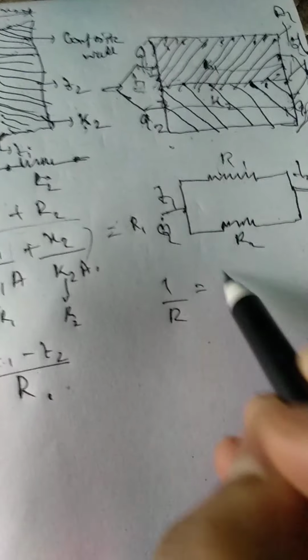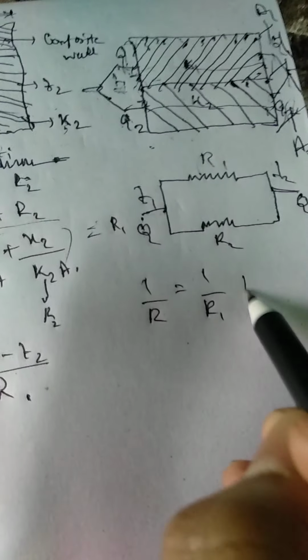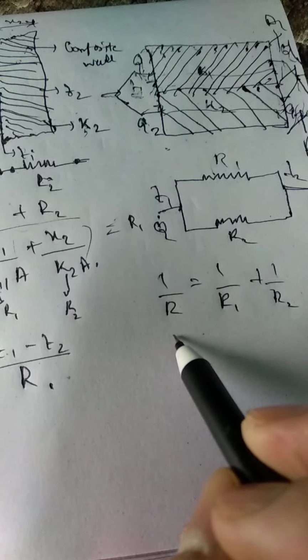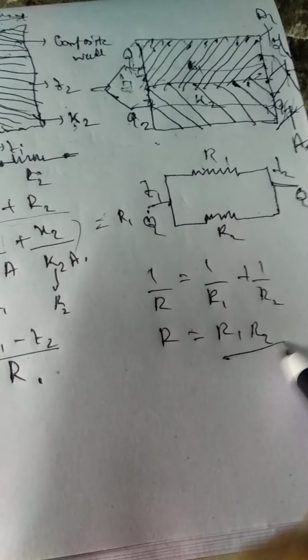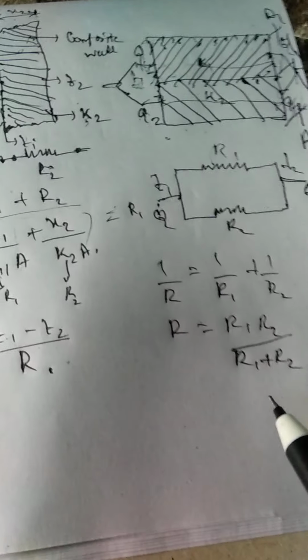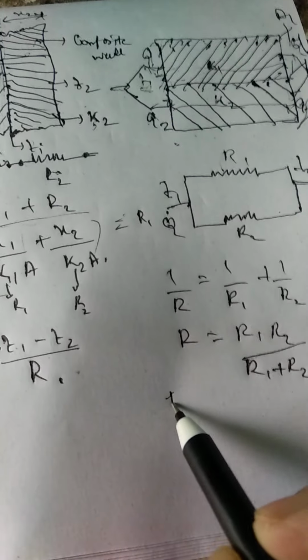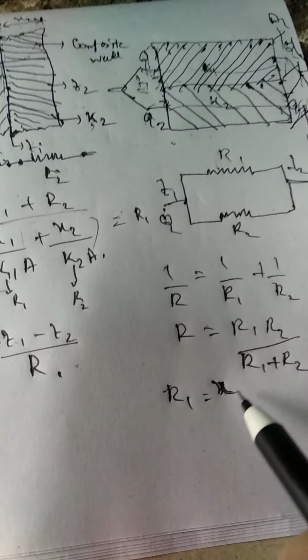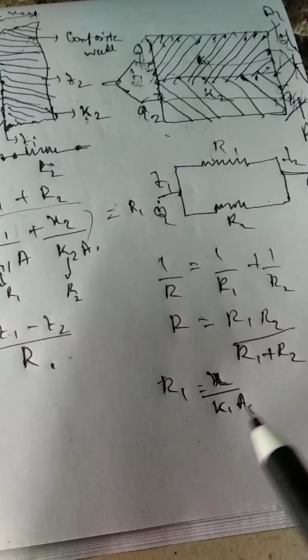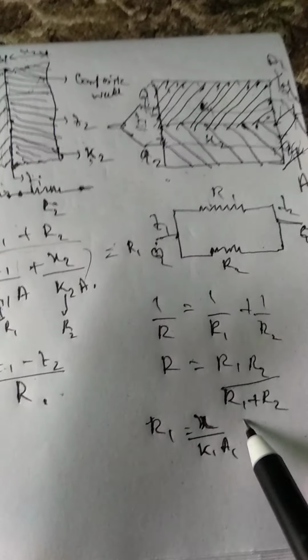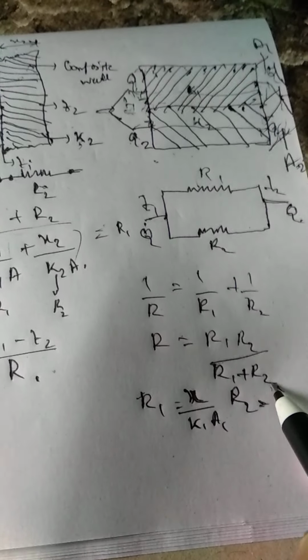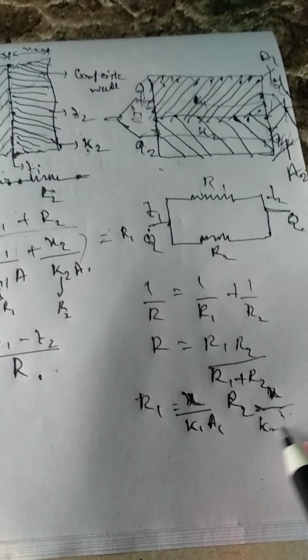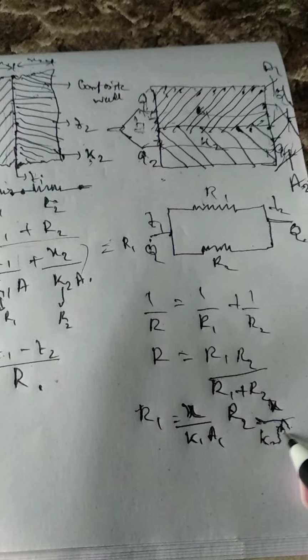So in this case the equivalent thermal resistance will be similar to the electrical resistance. 1 by R is equal to 1 by R1 plus 1 by R2. So R will be R1 R2 by R1 plus R2. So what is R1? R1 is X by K1 A1 and R2 will be X by K2 A2.